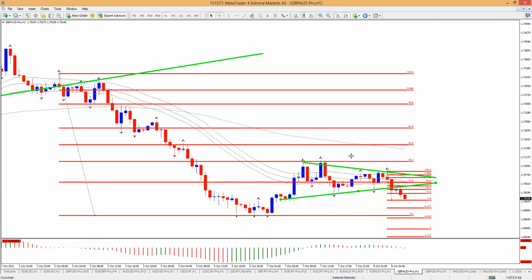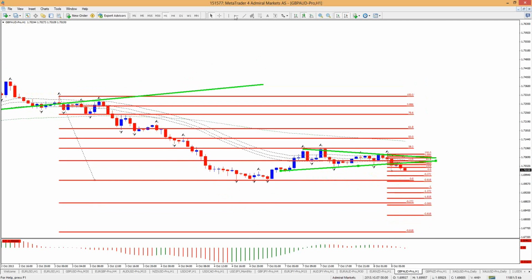with a stop loss above 170 at 170.90, that would be around 45 pips, and the target is 168.90, which is approximately 150.